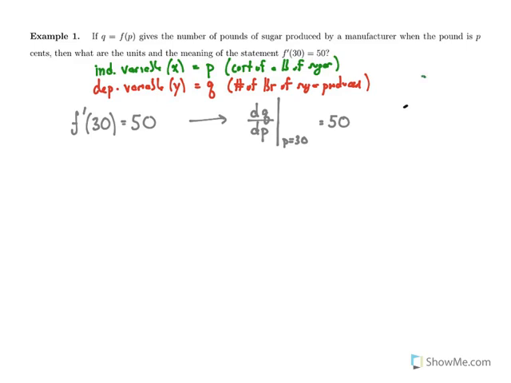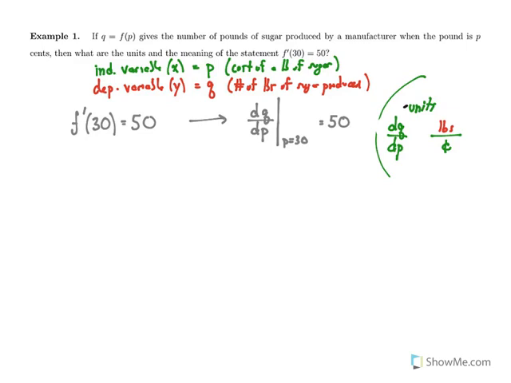So the units, let's do that first. Units we can think about are going to be dQ over dP, that's our derivative. Q is pounds produced, and P is going to be in cents, how much money it's going to be. So it's going to be pounds per cent produced.